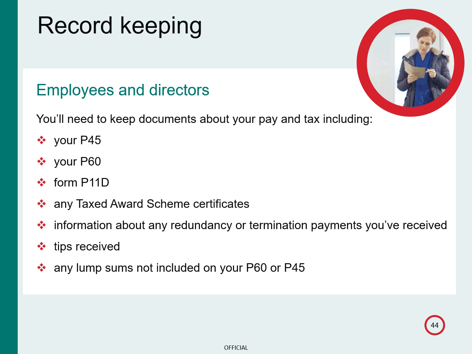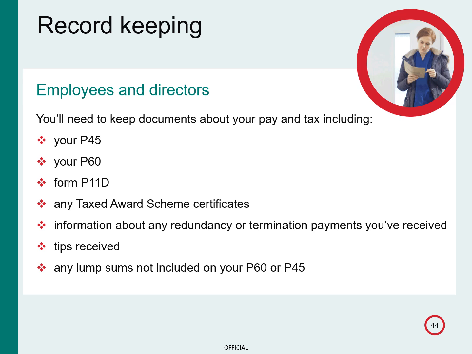You'll need to keep documents about your pay and tax, including your P45, if you left your job during the tax year your tax return is for. This will provide pay and tax details to the date of leaving. Your P60 if you are still employed on the 5th of April of the tax year you're sending your tax return for.